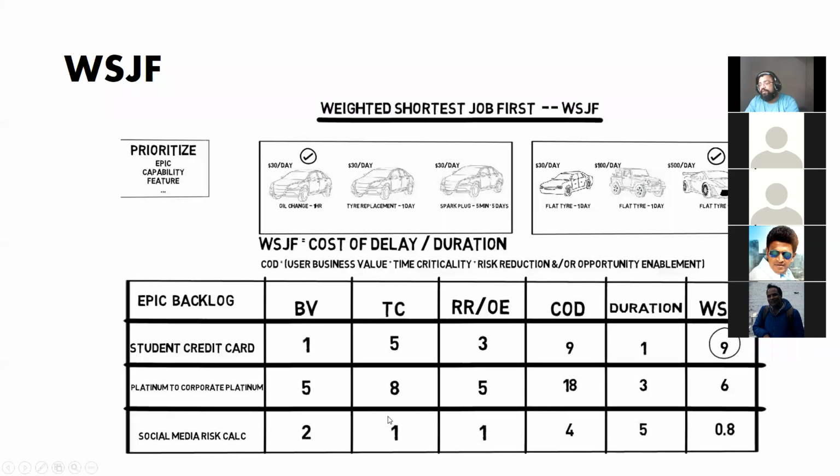That is how we do the WSJF itself. When I was looking, there was one SlideShare shared by Murali, who explained cost of delay in much greater detail. It is there in SlideShare. You can go and look at it.